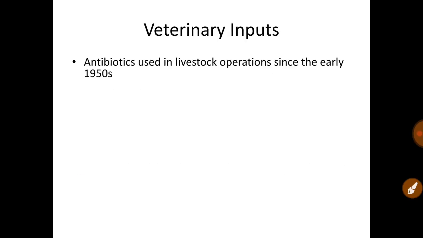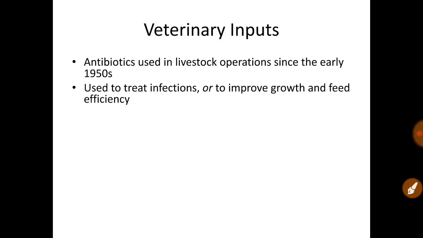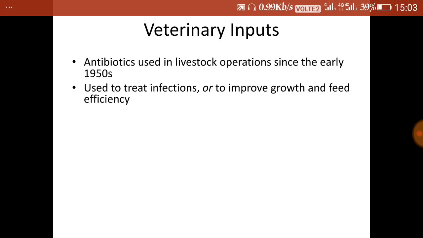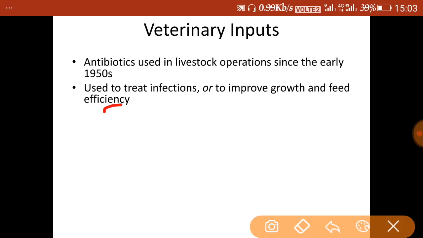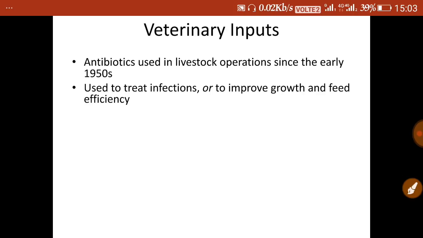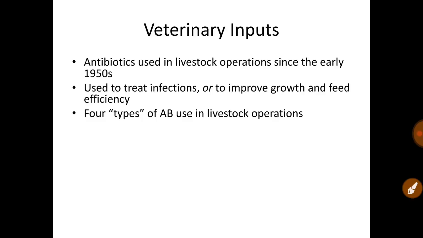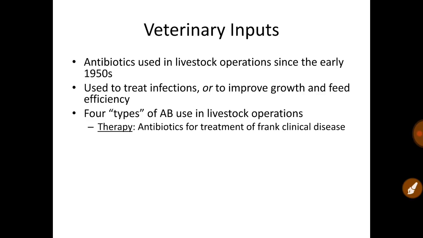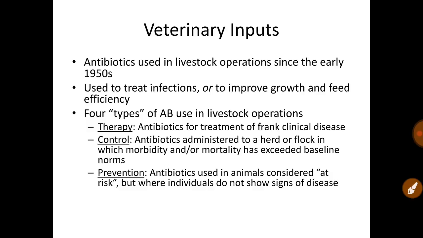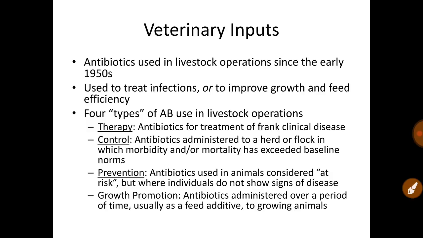Veterinary inputs. Antibiotics are used in livestock operations since 1950s. They are used to treat infections or to improve growth and feed efficiency. Four types of antibiotic used in livestock operations. Number one is therapy, control, prevention, and growth promotion. Therapy is treatment of frank clinical disease.